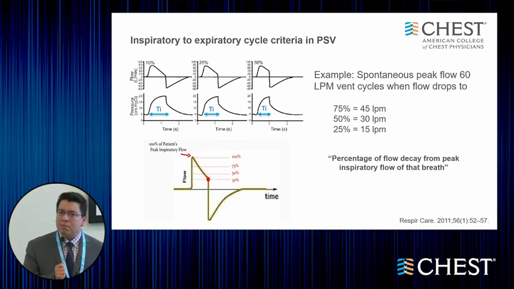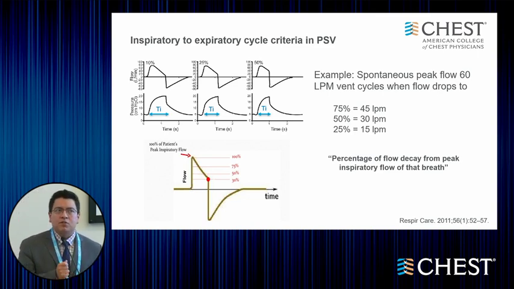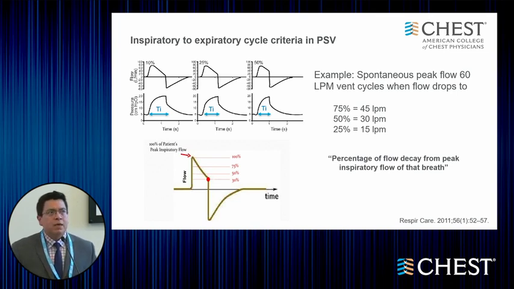What determines a patient to go from inspiration to expiration in pressure support? There is the percentage of flow decay. This is basically the peak flow that the patient achieves at the end of inspiration, and it will depend not only on the pressure support that we set on the ventilator, but also on the patient effort.